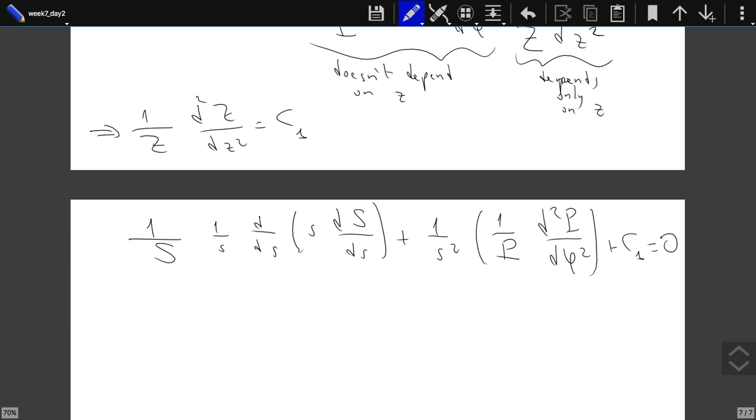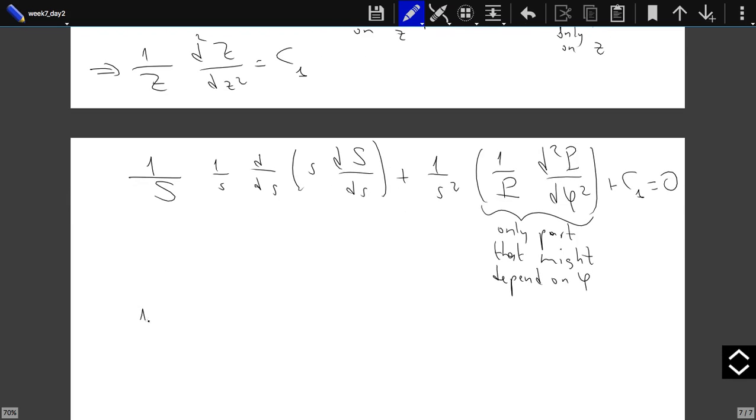Now again, this part is the only part that might depend on phi. All the remaining part depends only on s. But if this equation is satisfied for all possible values of phi, that part should be independent of phi, or that part should be a constant. 1 over P, d squared P by d phi squared should be equal to minus m squared.